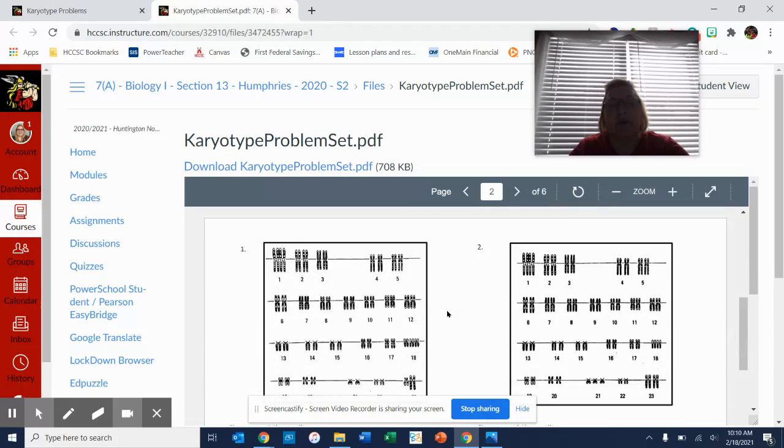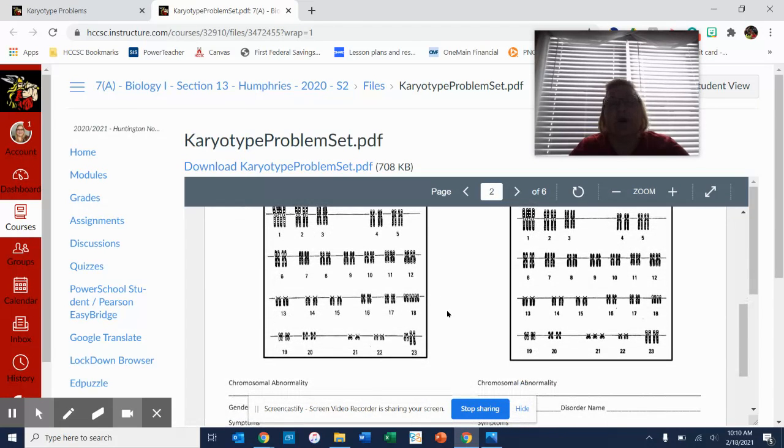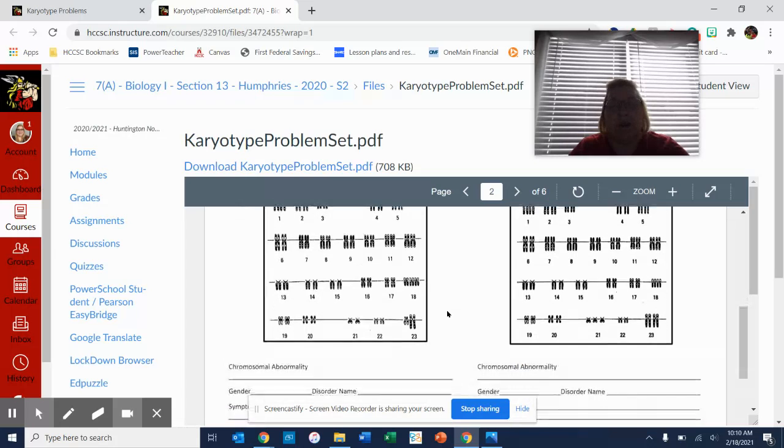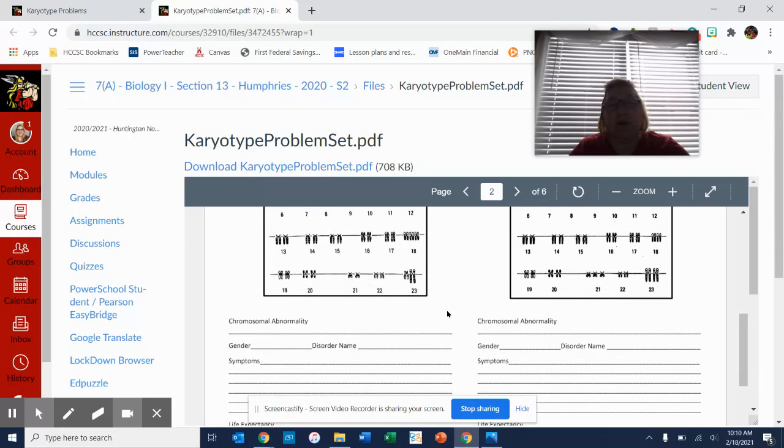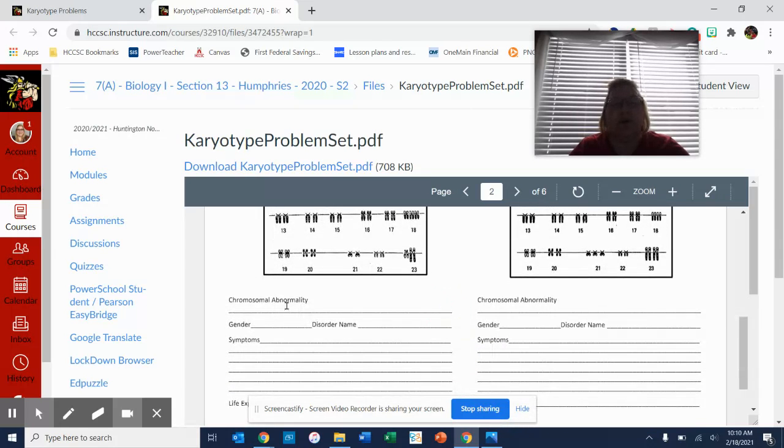If you see something different, that is a chromosomal abnormality, and that is a mutation, and it can cause a disease. I want you to list the chromosomal abnormality. You could say things like, for example, number 20 is missing a chromosome, or number 16 has an extra chromosome, or part of number 17, the leg, is missing on a chromosome.